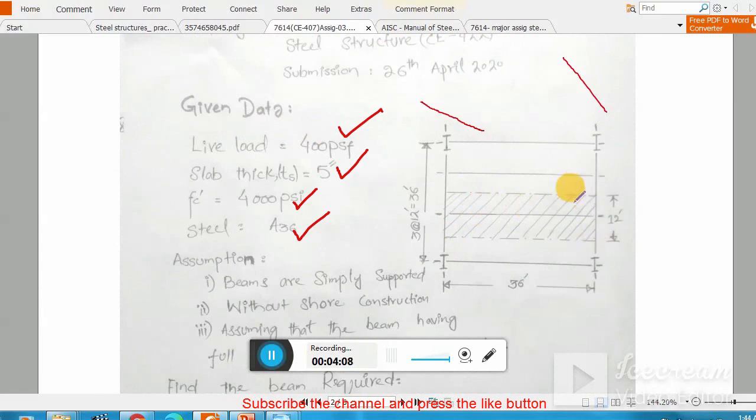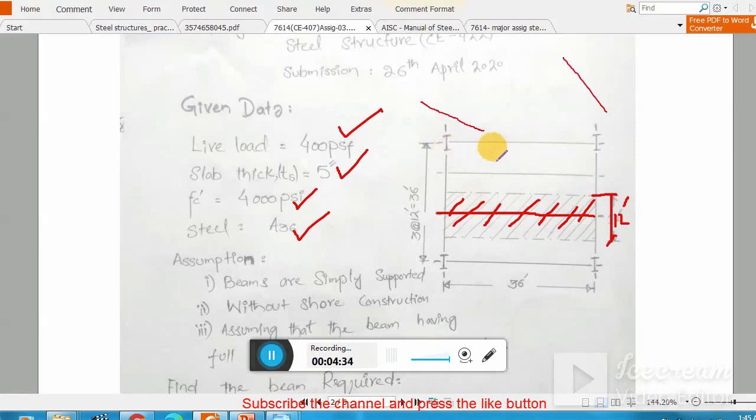Remember, this one is the interior beam. It will take the load half from that panel and half from that panel. So its effective area width will be 12 feet. Clear? This is the tributary area for this interior beam.